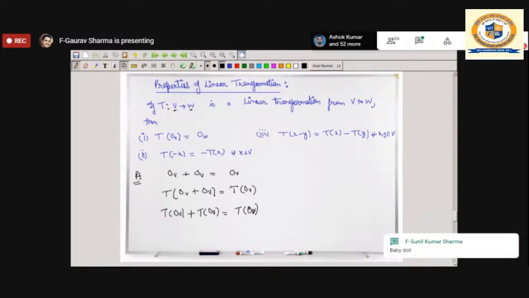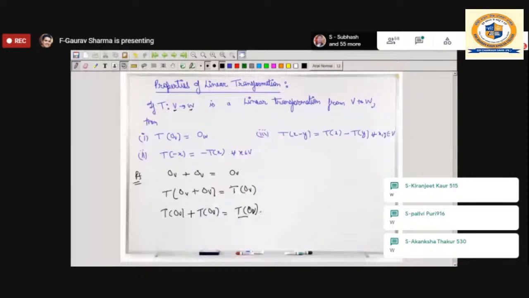Can you tell me where the image of the zero vector, T of 0V, belongs: to V or to W? Yes, it belongs to W.